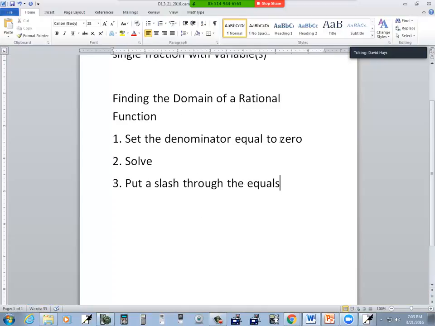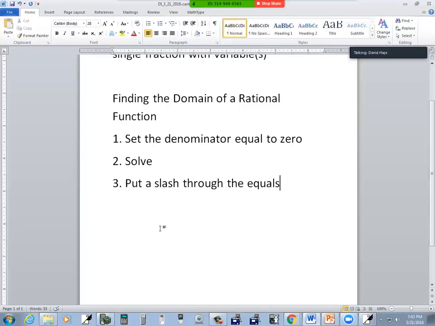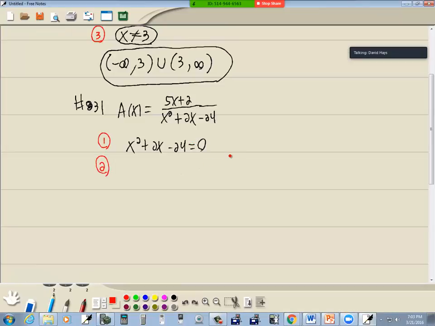Step 1, set the denominator equal to 0. So we got x squared plus 2x minus 24 equal to 0. Step 2, solve. Well, this one factors using the PST method, and factors as x plus 6 times x minus 4.